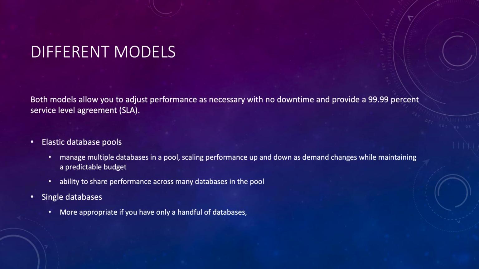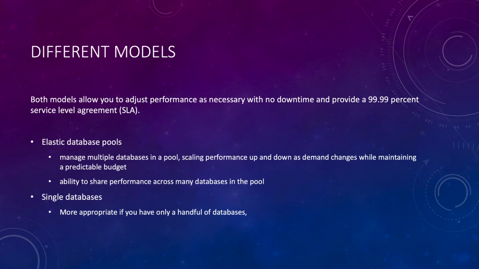One of the key features of the elastic pool model is the ability to share performance across many databases in the pool. Alternatively, if you have only a handful of databases, the single database model might be more appropriate for you.